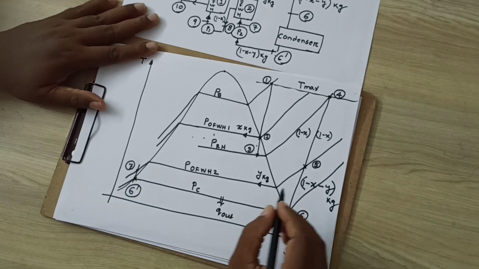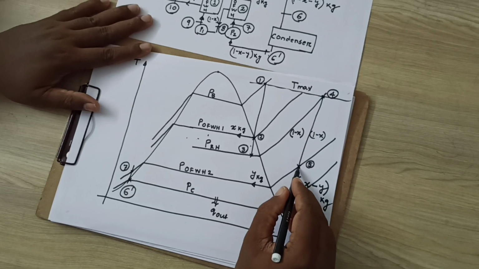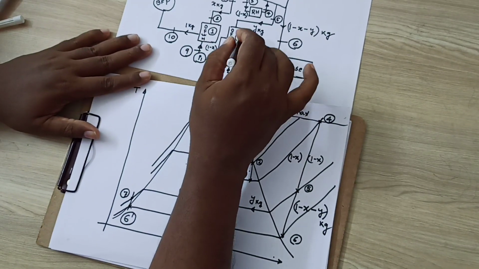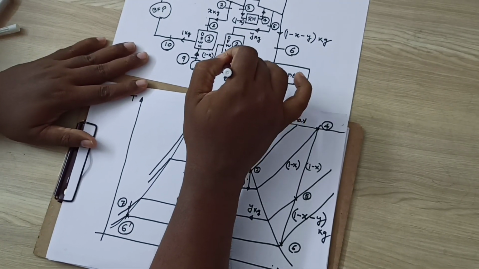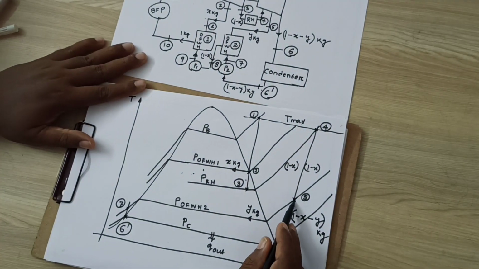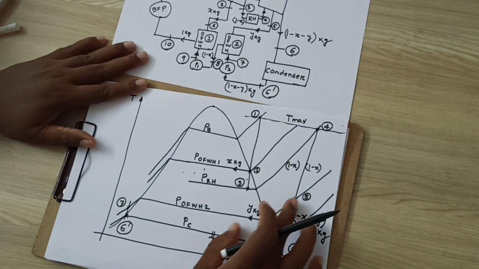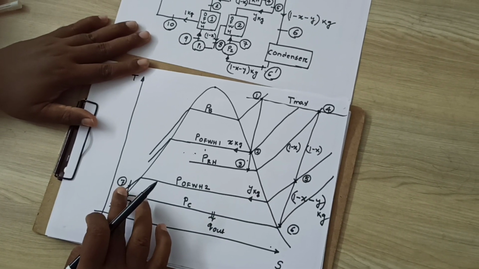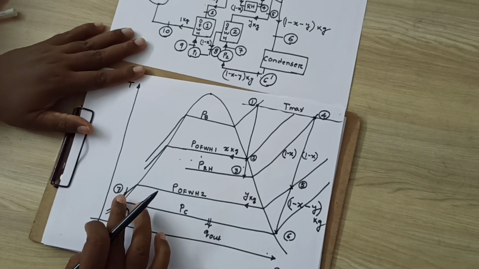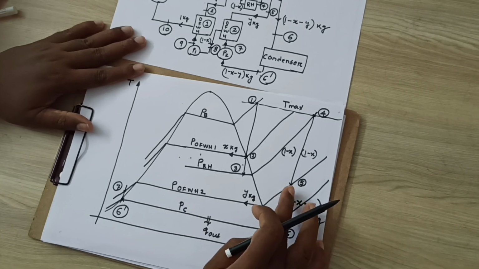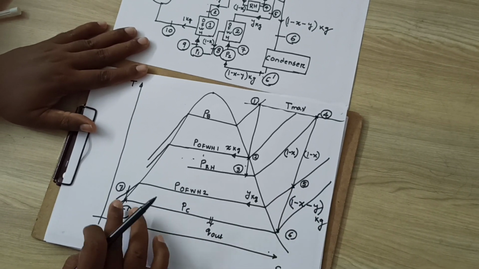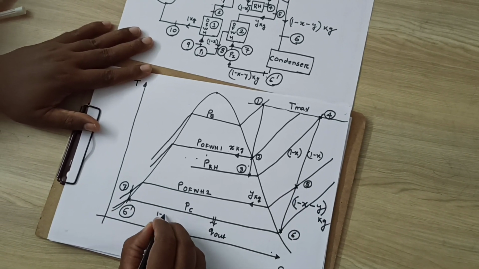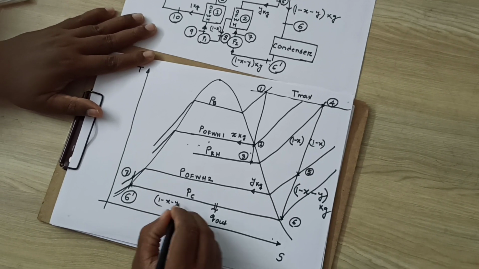Okay. Then here you see state point 5 and state point 7. Both are added: steam is added, and here feed water is being added. So the energy given away by y kg of steam is equal to the energy accepted by 1 minus x minus y kg.